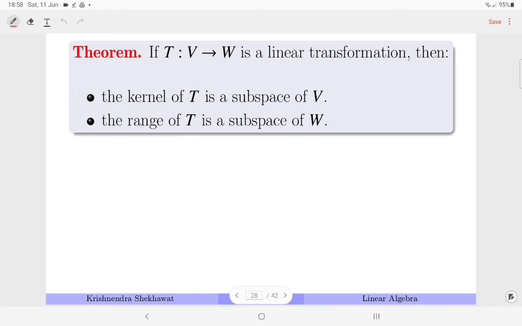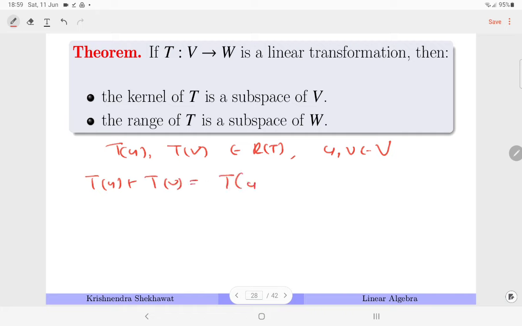Now range of T. So T of u and T of v belong to range of T, which means u and v belong to capital V. Now I have to show that T of u plus T of v belongs to range T. So T of u plus T of v can be written as T of u plus v.